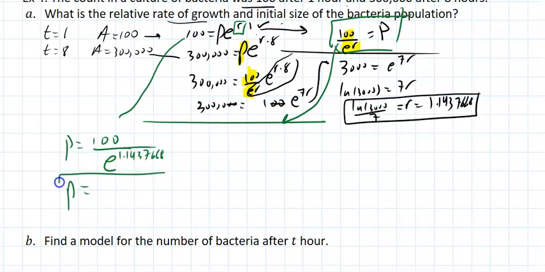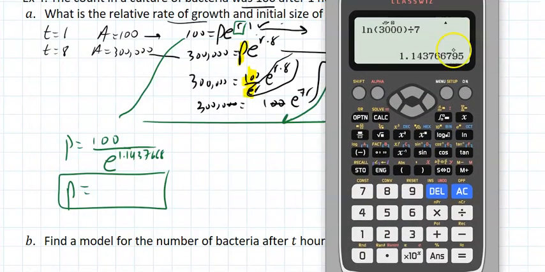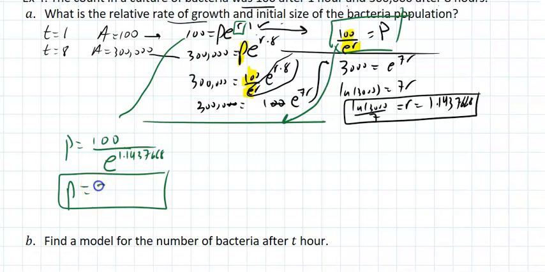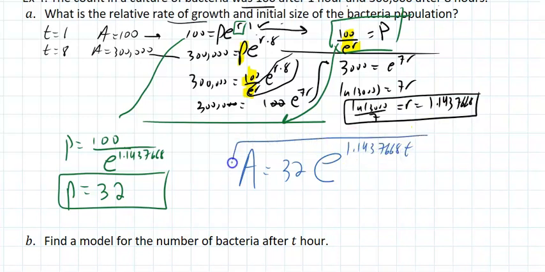So the initial population will be how many? Remember, I already have that number stored in my answer. If I take 100 divided by e to the answer, I'll get 31.86. I'm going to say 32. So my formula is A equals 32 e to the 1.1437668 t. This population is growing very fast.